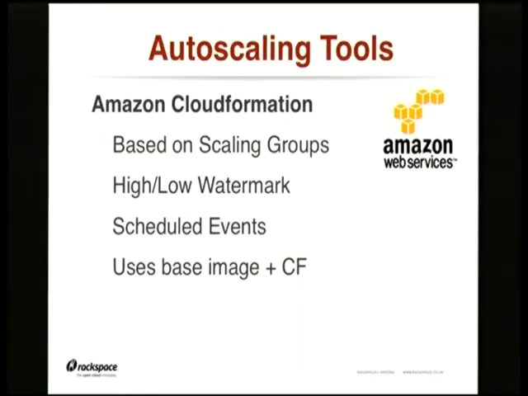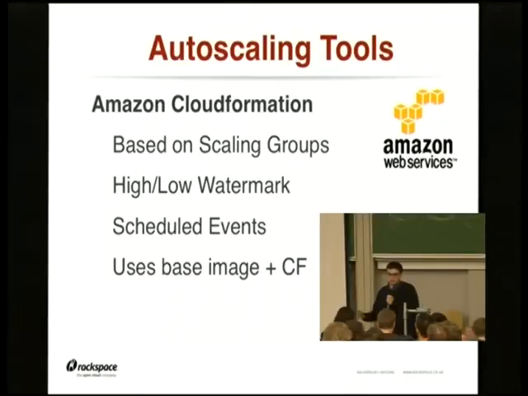So the first one is Amazon CloudFormation. This was created by Amazon in order to be able to rapidly deploy new servers and install the application on them, so they are ready for production as fast as possible. And on top of that, they added autoscaling groups. In Amazon, you create an autoscaling group and start feeding servers into that, and you connect that with a CloudFormation template.